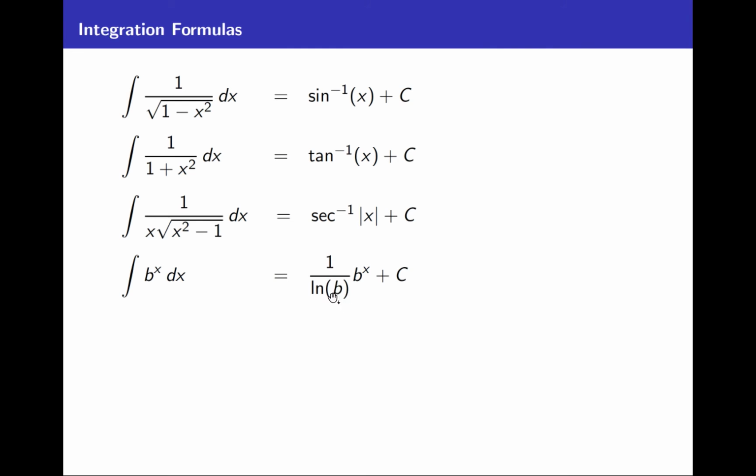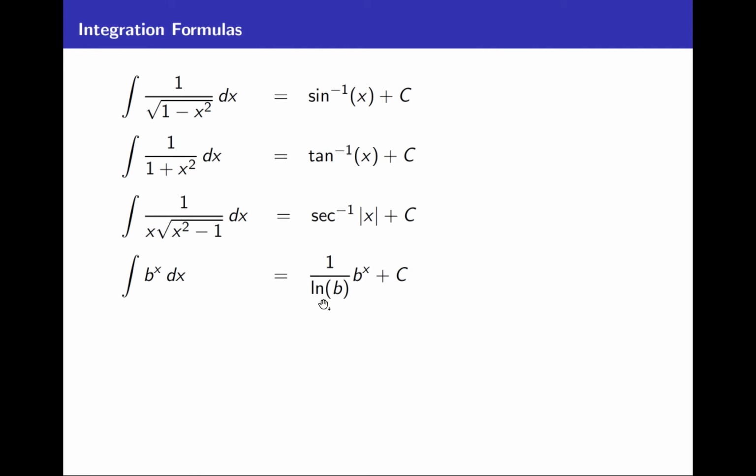Well, ln b is a constant because b is a constant. So 1 over ln b is a constant. So when we differentiate this function using the constant multiple rule for differentiation, we get 1 over ln b times the derivative of b to the x. And remember, that's ln b times b to the power of x.